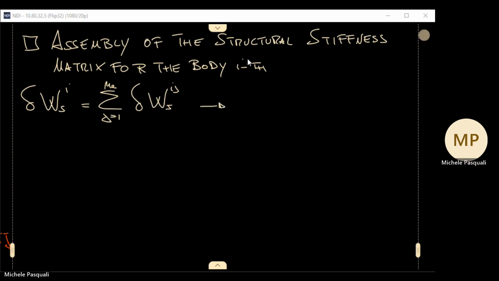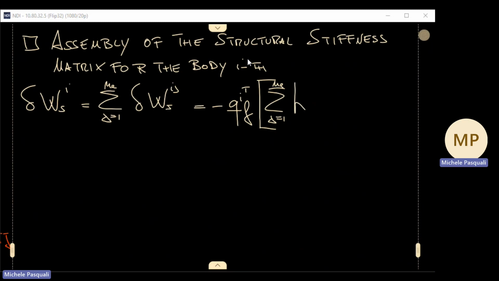And therefore this becomes equal to the sum from j going from 1 to NE. Actually, let's put it directly inside. So it's minus q_f^T, the sum of K_ff^j applied to delta q_f. Okay?